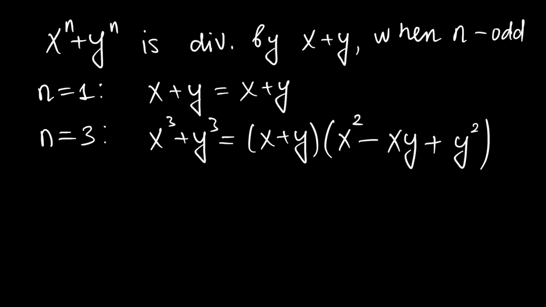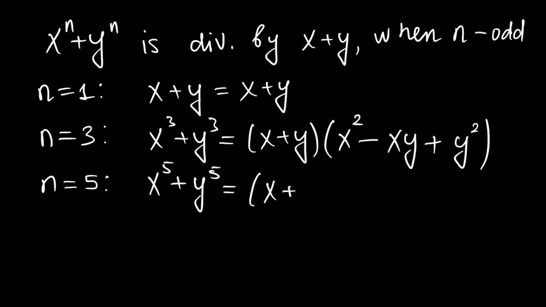Let's write for the next odd number, n is equal to 5. We have x to the power 5 plus y to the power 5 is equal to x plus y times x to the power 4.